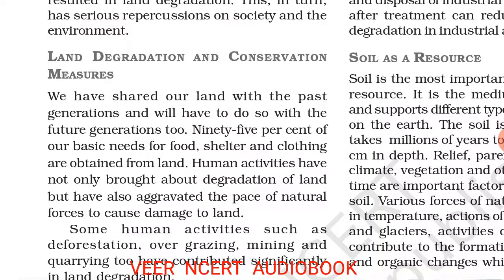Land degradation and conservation measures. We have shared our land with the past generations and will have to do so with the future generations too. 95% of our basic needs for food, shelter, and clothing are obtained from land. Human activities have not only brought about degradation of land but have also aggravated the pace of natural forces to cause damage to land.